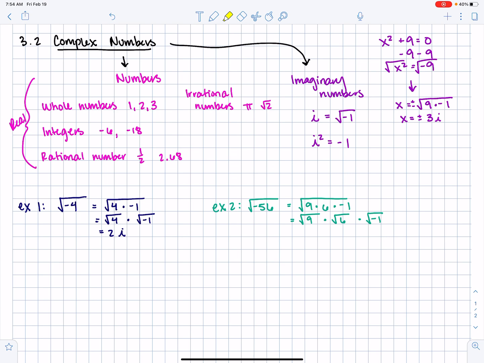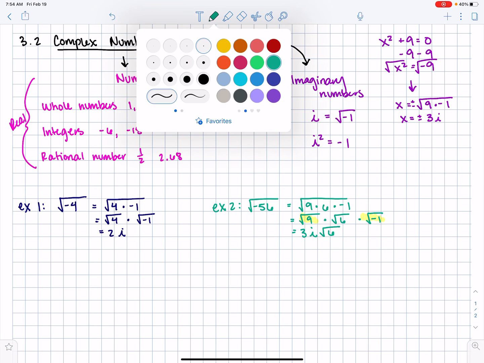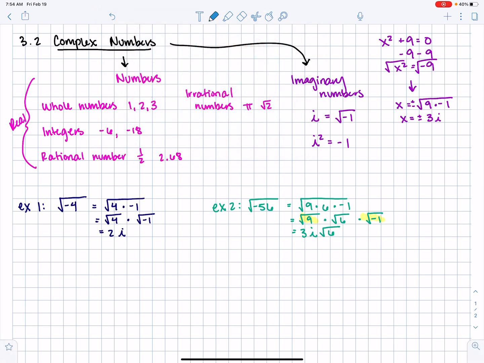When we are simplifying, we know that the square root of 9 and the square root of -1 can be broken down into 3 and i, but we have to leave the square root of 6 inside the radical. So just a little bit of notation here: you'll notice I'm pulling out 3 and i in front of that radical, which is so nice now because we can solve some quadratics.